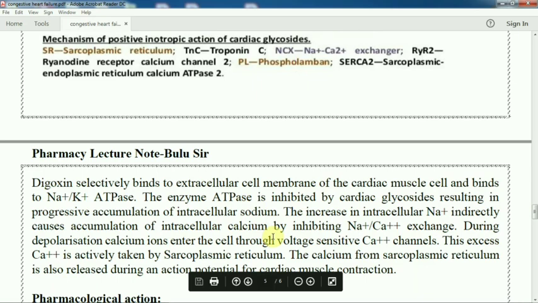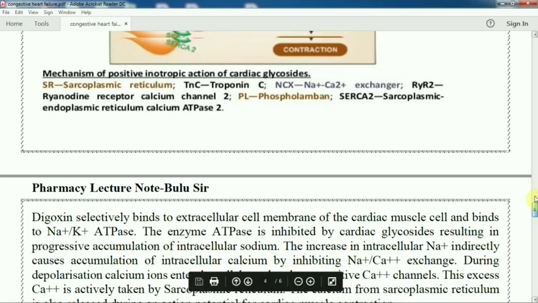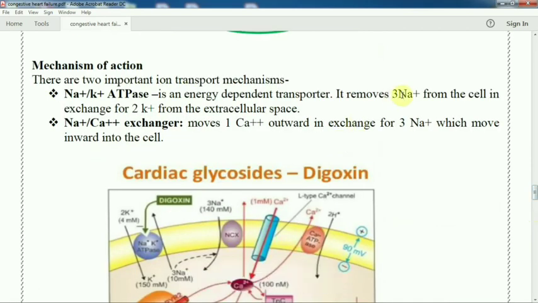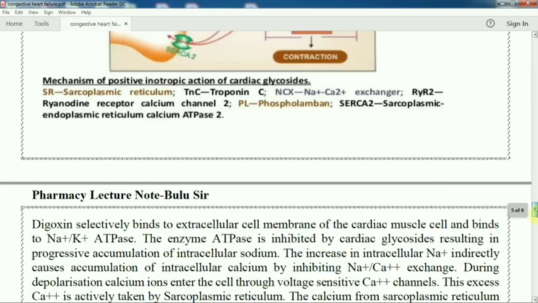Why? Because digoxin inhibits the sodium potassium ATPase, so the exchange is not possible. The sodium and potassium exchange is inhibited. Similarly, calcium and sodium exchange in the sodium calcium exchanger and sodium potassium ATPase is inhibited by digoxin.